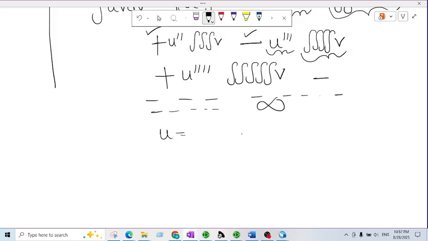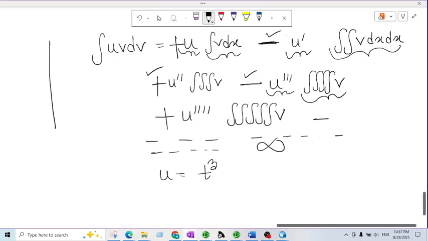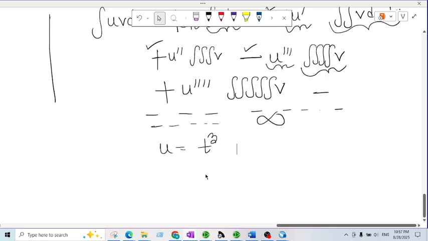Let's say u is equal to t to the power 3, and we differentiate it: u, then u prime, then u double prime, then u triple prime. If I differentiate u, we get 3t squared. Again differentiate it, we get 3 into 2 into t.